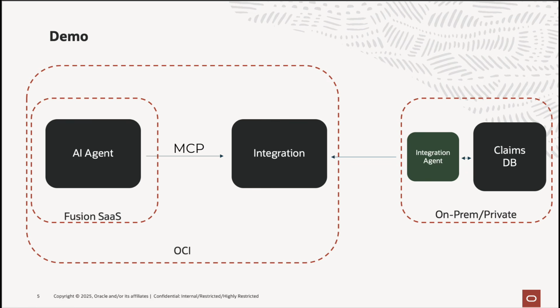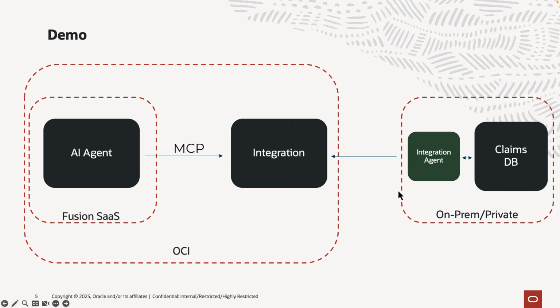So now moving on to the demo portion for this video. We're just assuming that there's a database that's on-prem or private in another cloud. As part of the interactions with the agent, it needs to look up some details in the database.